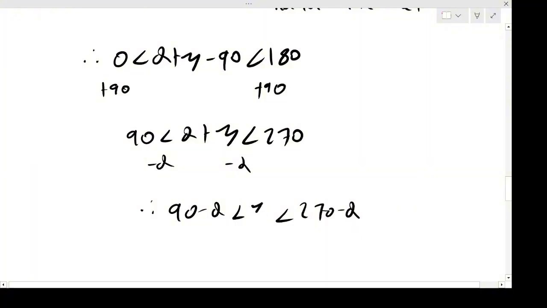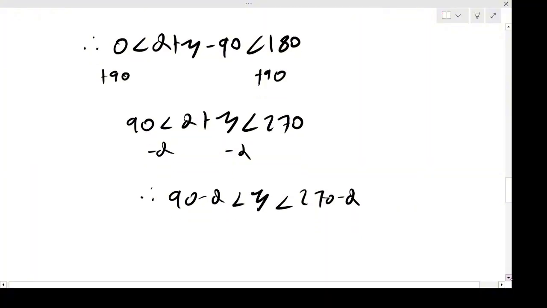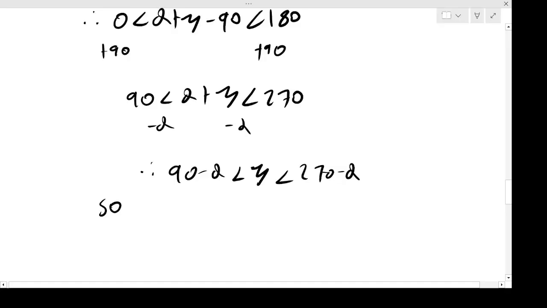Right, so how does that help me? It tells me, if I break the inequality up, that firstly gamma is bigger than 90 take away alpha, and gamma is less than 270 take away alpha, okay?